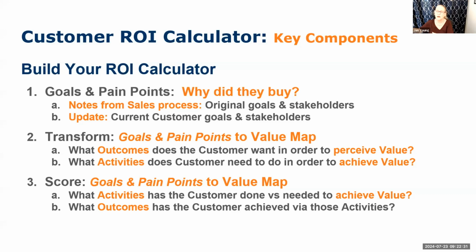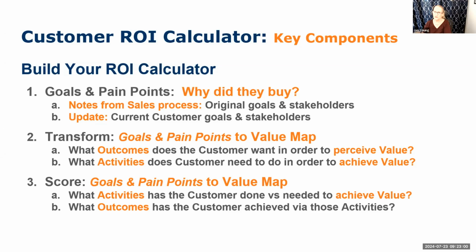Their goals in terms of how they're using your product should probably change over time as well. Then you want to transform that into outcomes, right? Understand what sort of outcomes the customer wants in order to perceive value, and what activities they need to do in order to achieve value.